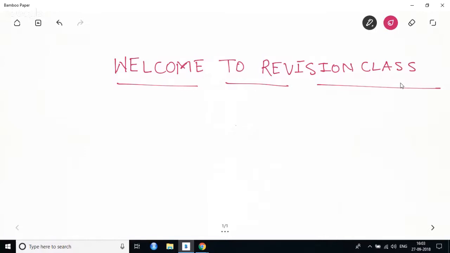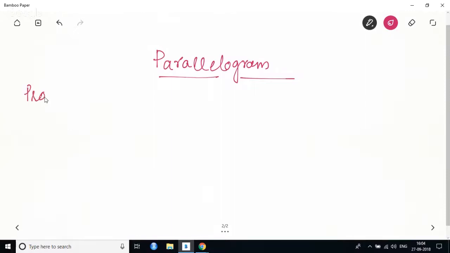So I'm starting with parallelogram. Now, what are the properties of a parallelogram?